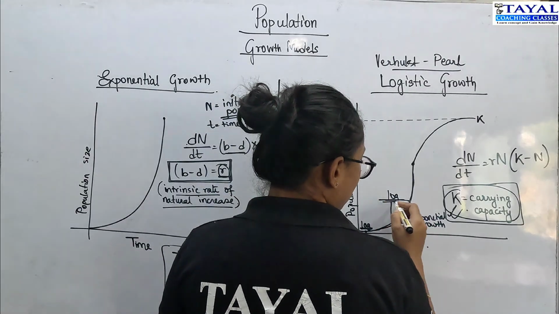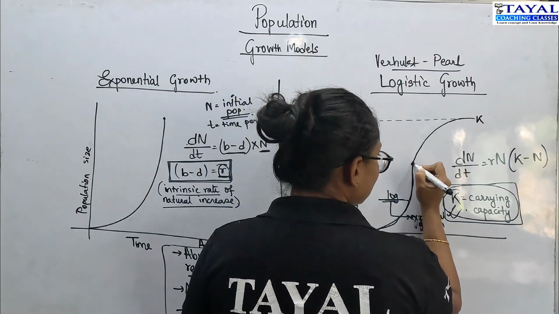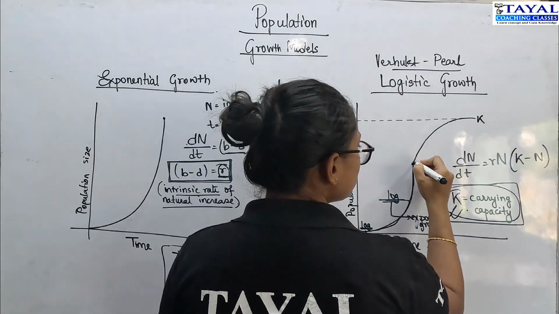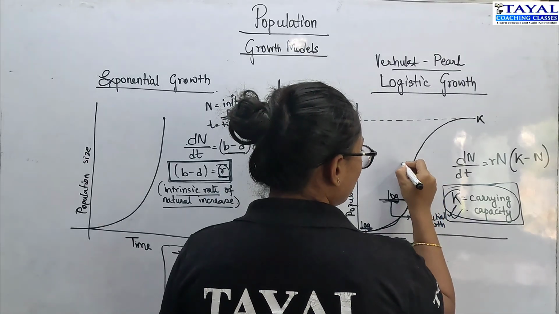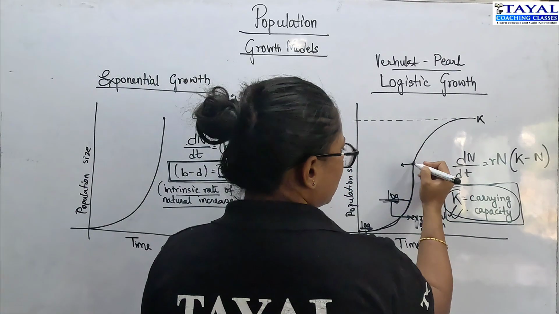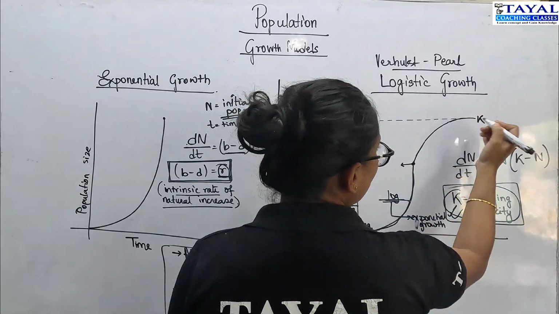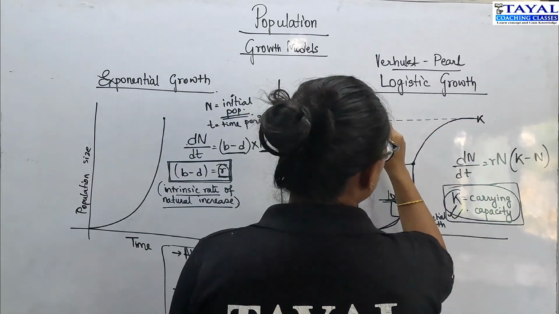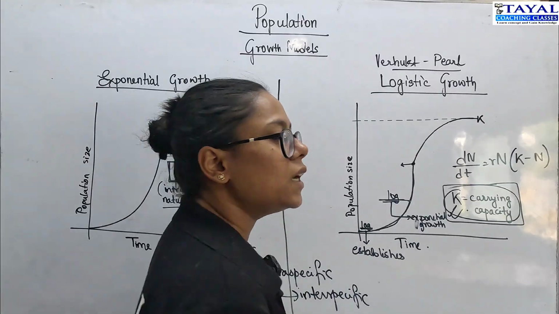So now, once it starts to reach the midpoint of the total carrying capacity, halfway to the total carrying capacity, the growth starts to slow down, and at about the carrying capacity, it completely plateaus.